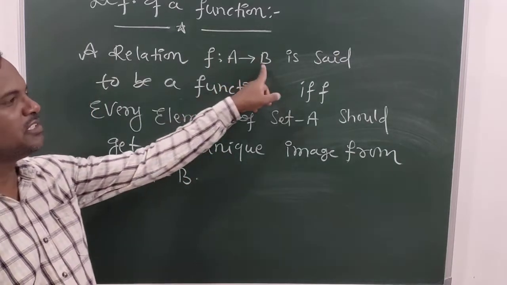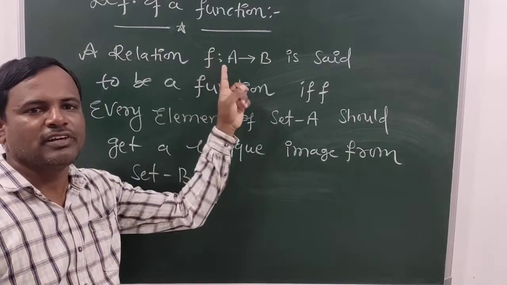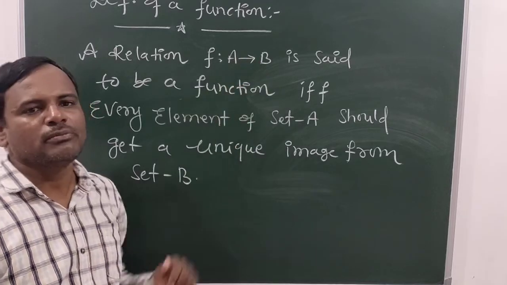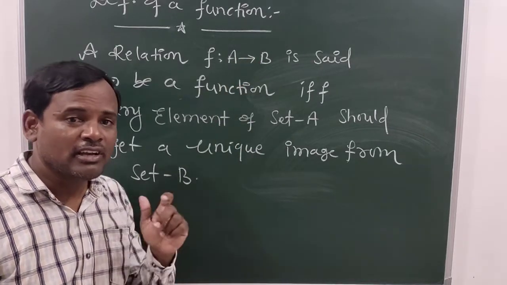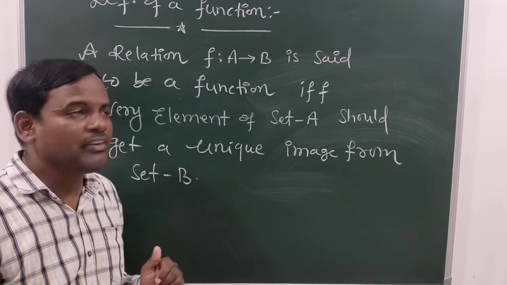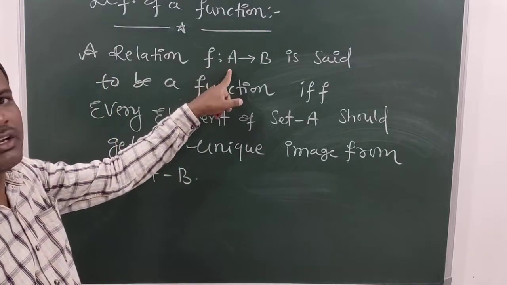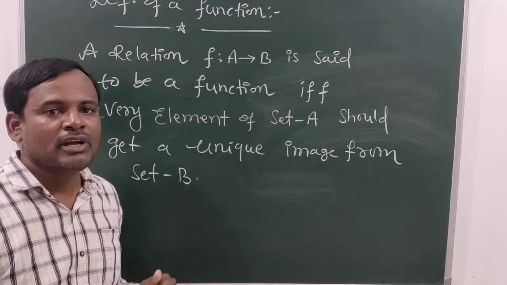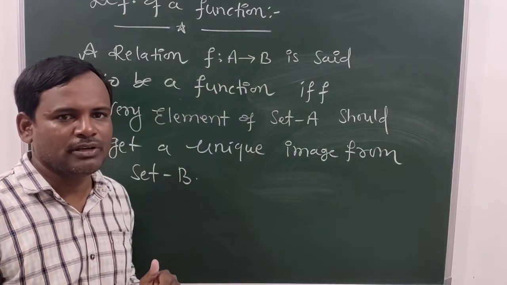See, this is one relation. f is one relation, a mapping from set A to set B. It is called a function if every element of set A should have a unique image from the set B.